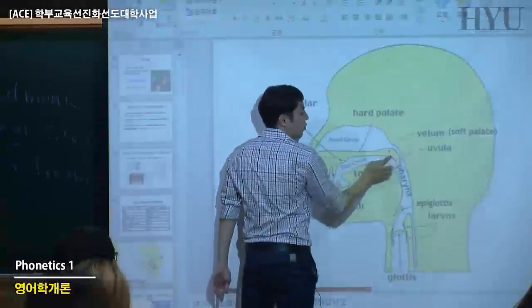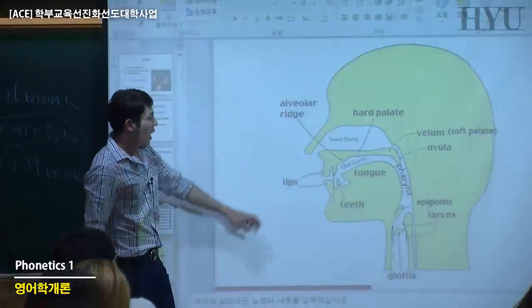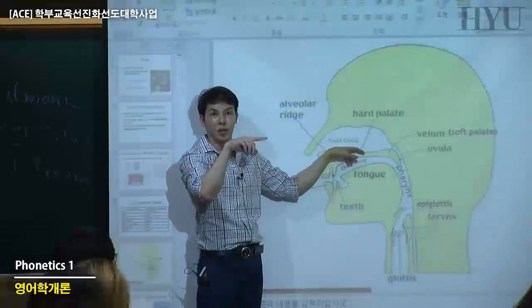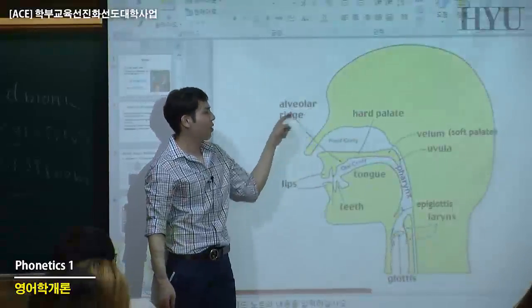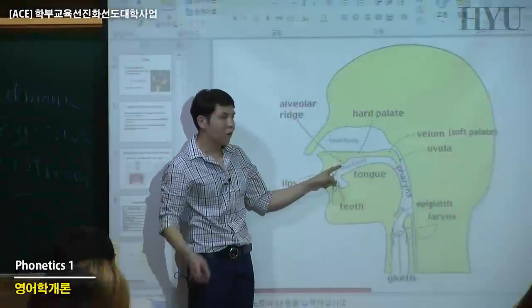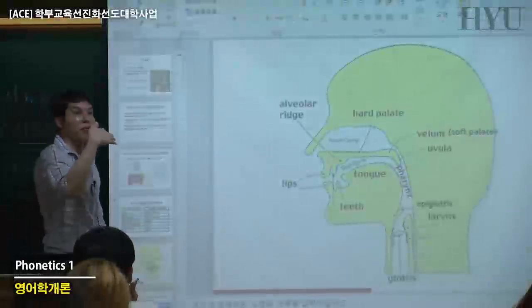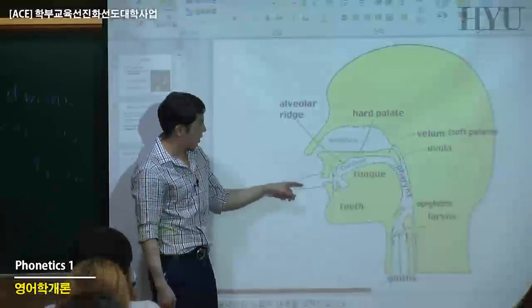And then the velum, which is the part before the uvula, right? And then the hard palate, which is the roof of your mouth. And then before the hard palate, you have the alveolar ridge. So this is this part, which refers to the bumps after the front teeth, the upper front teeth, okay? And then you have the upper teeth, the lower teeth, and the lips.